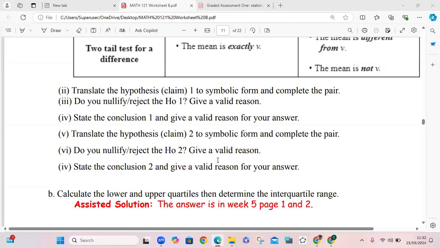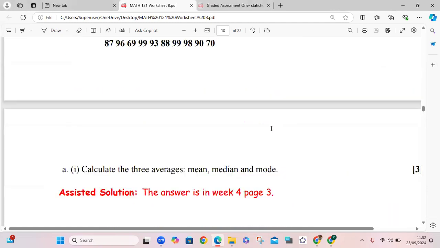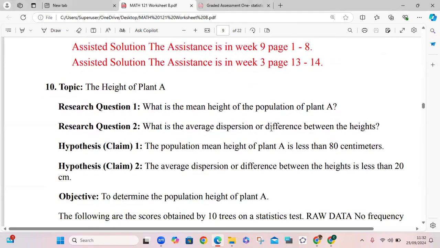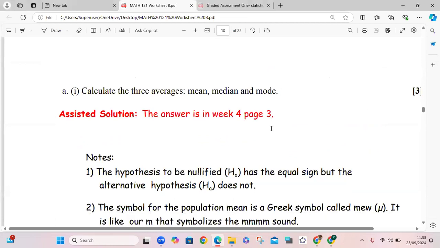So looking at part 6, it says, can you nullify the second claim? What is the second claim, or what is the second hypothesis claiming? It is claiming the average dispersion. Now, when we look at the analysis that we have done so far, we have only calculated the averages.